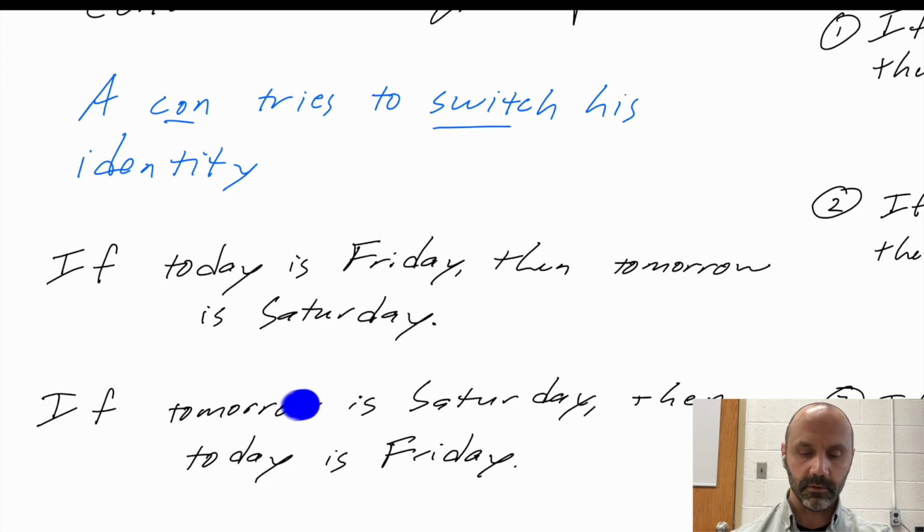If tomorrow is Saturday, then today is Friday. They both imply each other. Today being Friday implies that tomorrow is Saturday, and tomorrow being Saturday implies that today is Friday. So here's a case where you have a converse where it's true in both cases. The original conditional and the converse are both true.